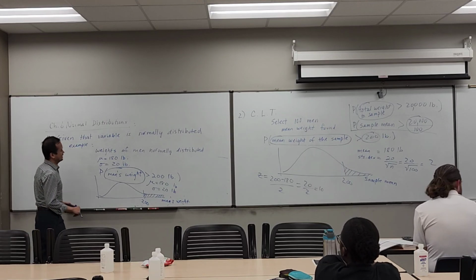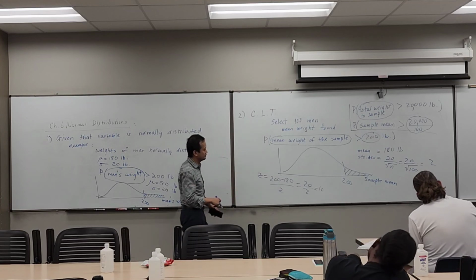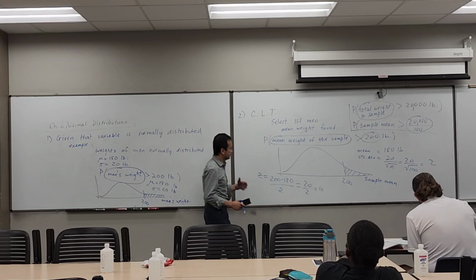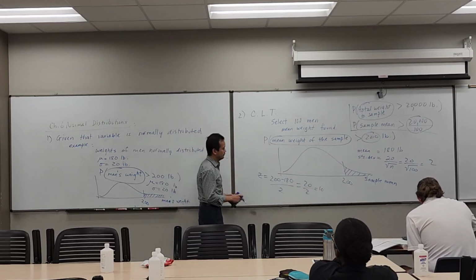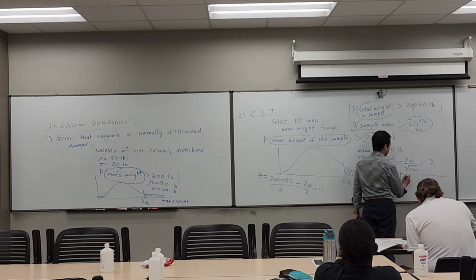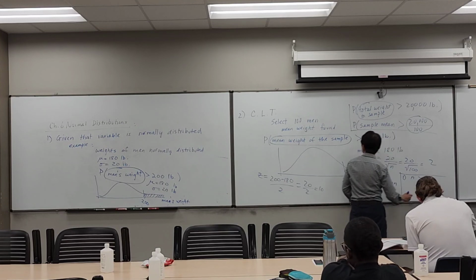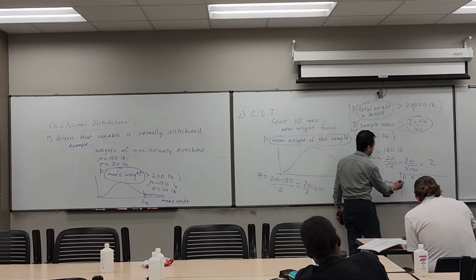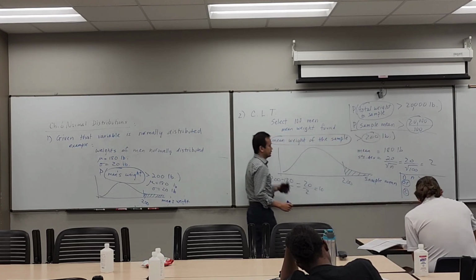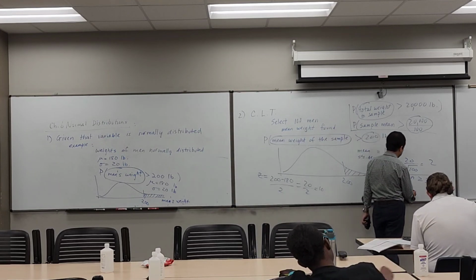Okay, so the second idea here to use bell curves was the central limit theorem. When you have a distribution of sample means, it'll be a bell curve, as long as the assumptions are met. So remember, only one of the two assumptions has to be met: sample size has to be at least 30, which in this case it is, it's 100, or the second assumption, the original distribution of individual values has to be normally distributed.